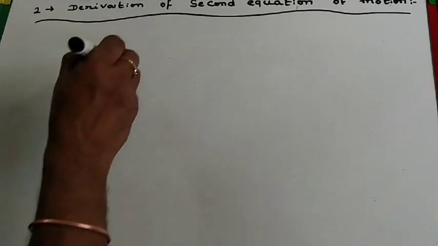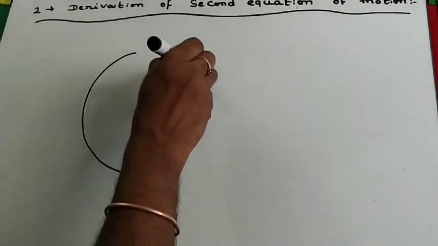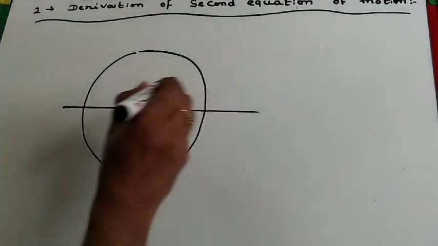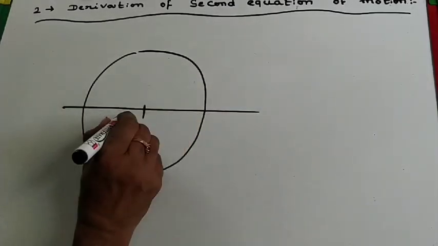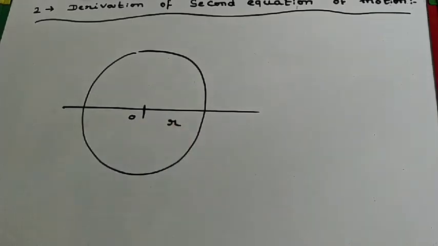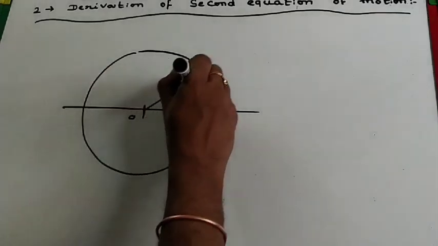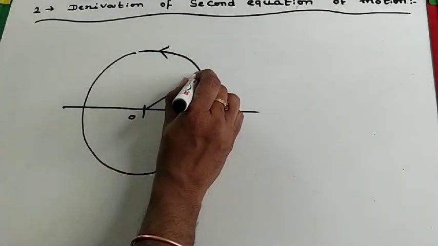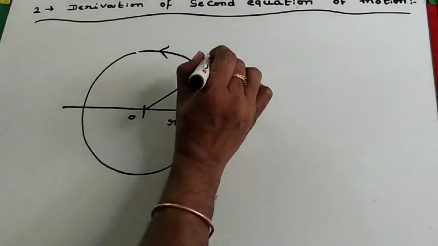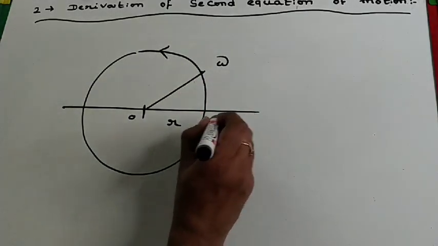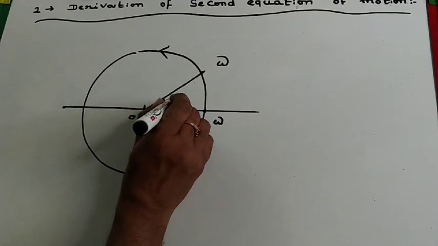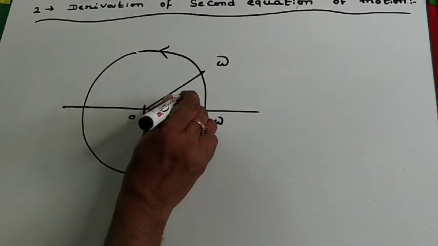Consider, take a circle, take the diameter from here to here, point O. This is radius R. Take a particle which is moving in anti-clockwise direction. Now it is at a point here. Here is the omega starting point. The angle is considered d theta.